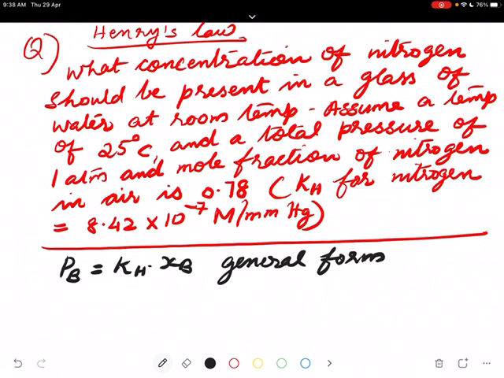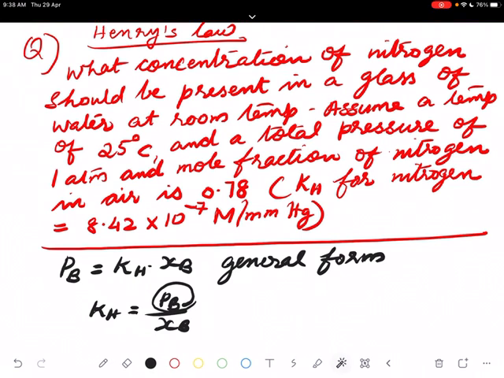Now, in this case, KH is equal to PB upon XB. The pressure unit will be in the numerator and the concentration unit in the denominator.